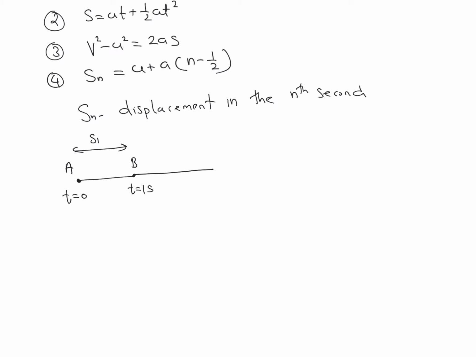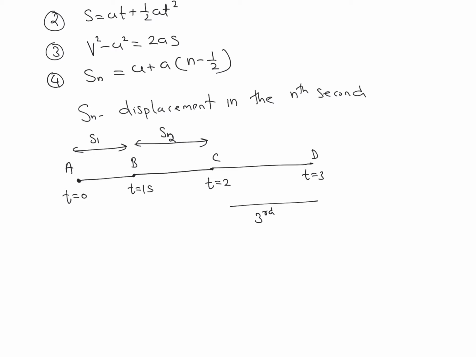Now from B to C, it is traveling in the next second, or we can say that when time is equal to 2 seconds, it reached the point C. So B to C is the distance traveled by the particle in the second second. In the same way, C to D, let's say when time is equal to 3 seconds, the particle reaches the point D. So this distance can be written as the distance traveled by the particle in the third second.